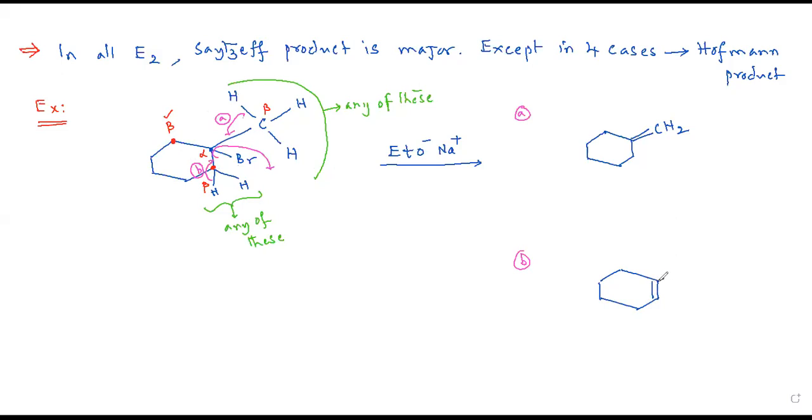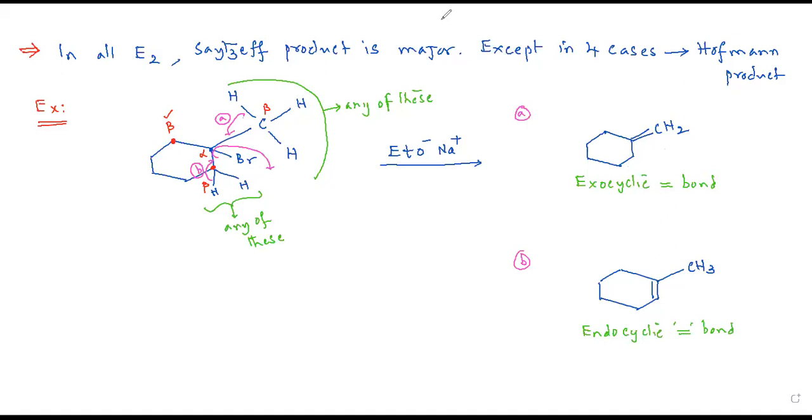Now, the bond will be here and you'll be left with your CH3 as it is. Now, let us compare these two products. I think you are very clear about these two. See, here the double bond is outside the ring. So let me call this exocyclic double bond. Whereas in this one, we got the double bond inside the ring. So it is endocyclic.